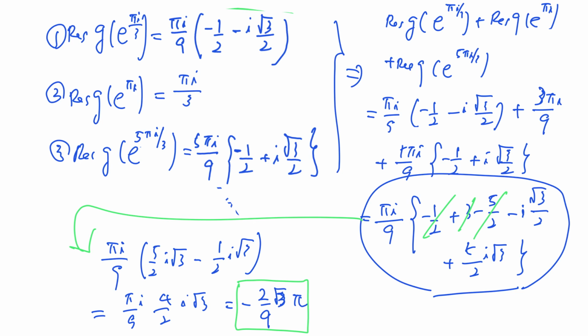So does anybody remember the C1 plus C2? C1 plus C2 was, therefore, minus 2 pi I, which is 2 pi I times minus 9 over 2 root 3 pi. So this cancels each other, I think.